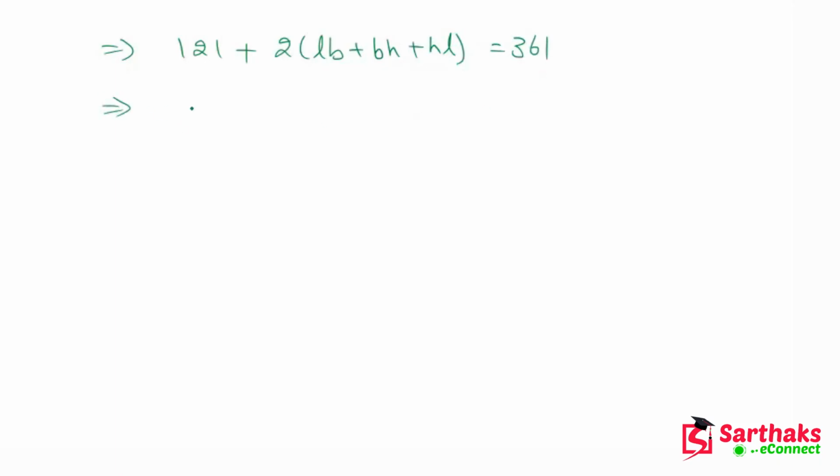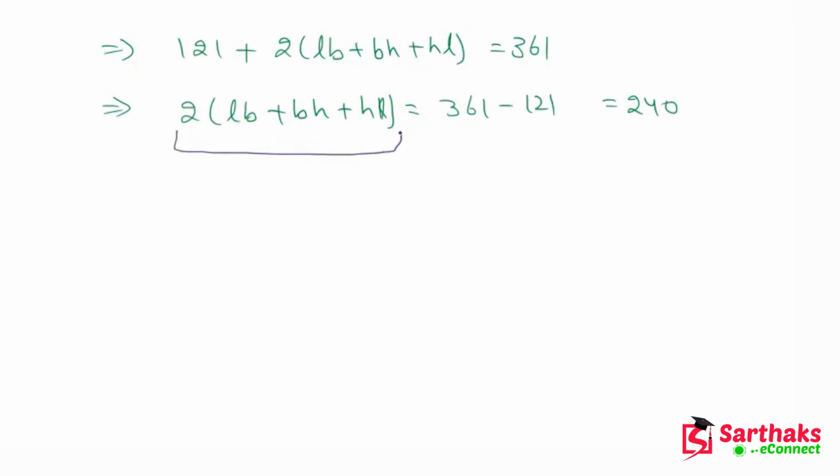Okay, so now 2 into (LB plus BH plus HL) is equal to 361 minus 121, which is equal to 240. Now we know that this is the formula of the surface area of cuboid.